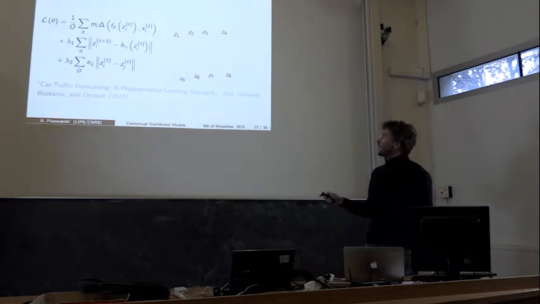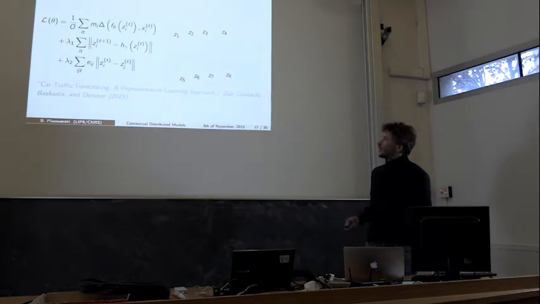So the function f of theta of the representation of an intersection at a given time t will be used to predict the traffic at time t, and you have a cost function related to this.